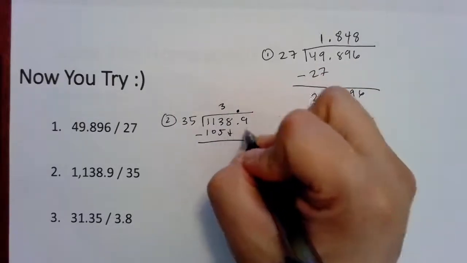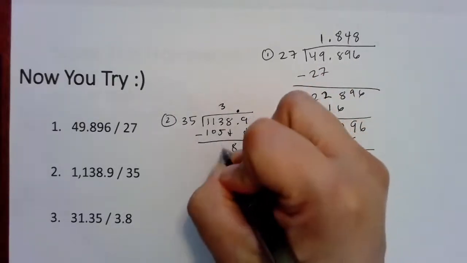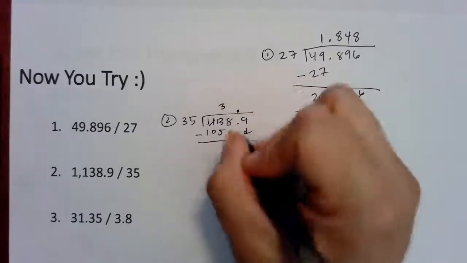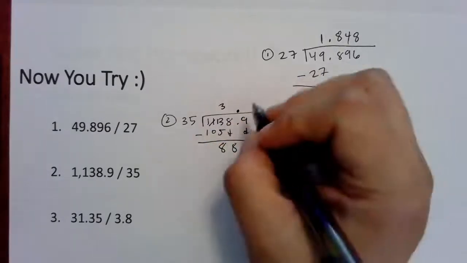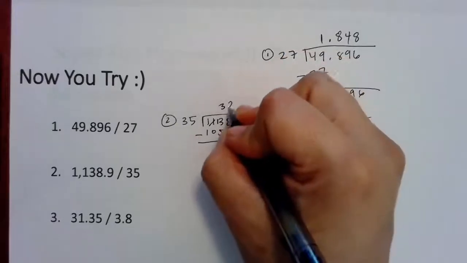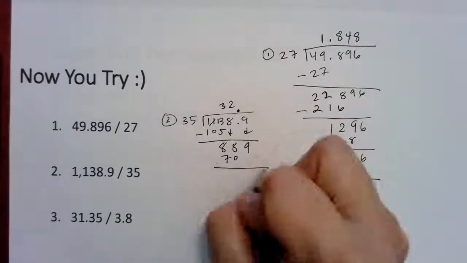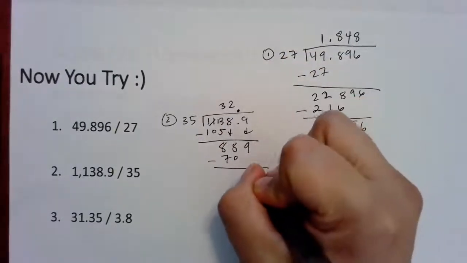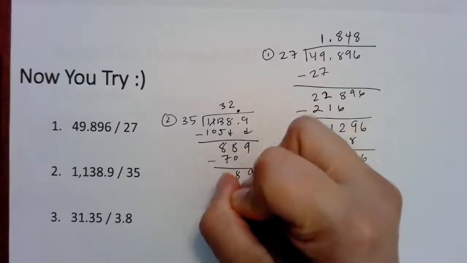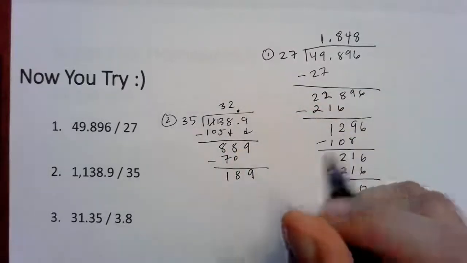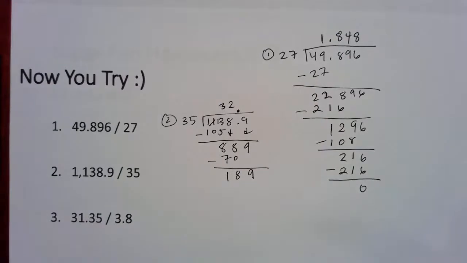Okay, and we bring down 9, 8, and then borrow, right? So that would be 8. So 35 goes into 88 twice, so that's 70. Subtract. Then bring down the 9, bring down the 8, and the 1. So 35 goes into 189. 35 times 4 is 140.